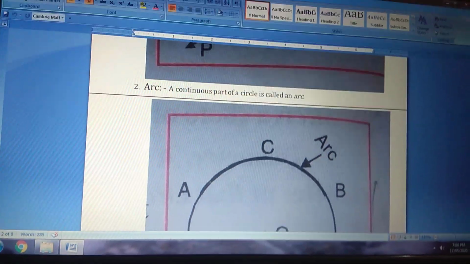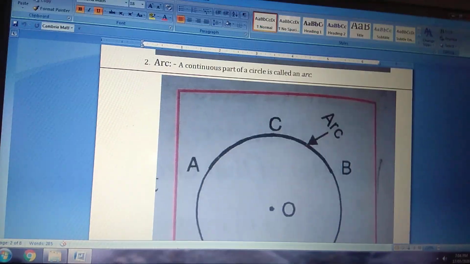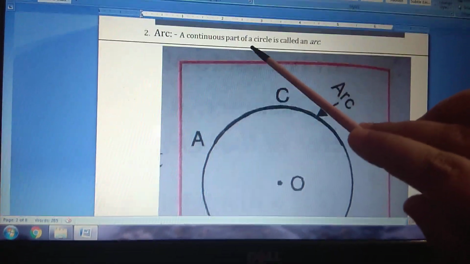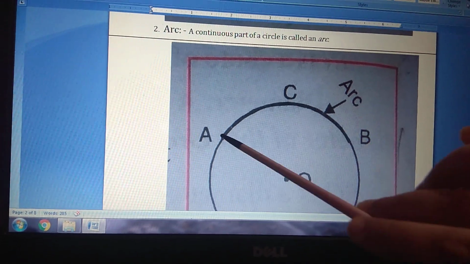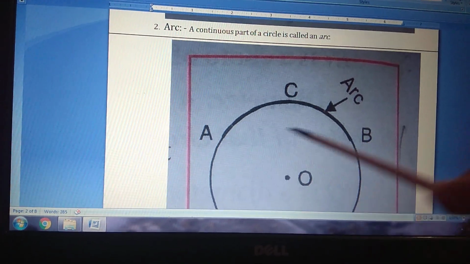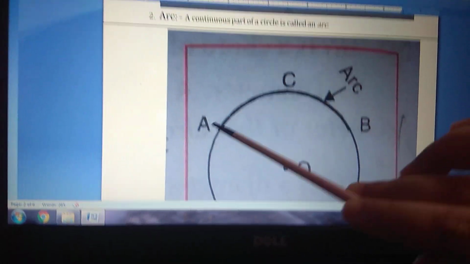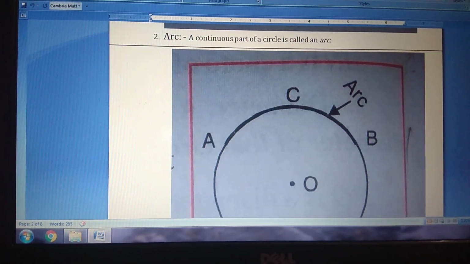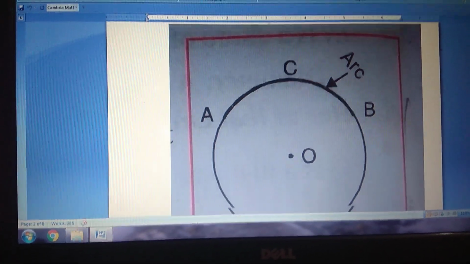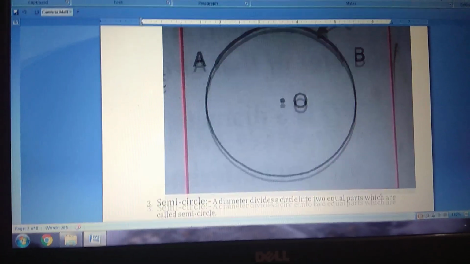What is an arc? A continuous part of a circle is called an arc. That means a part of the circle, this darkened part, is marked as an arc. So here ACB is an arc.